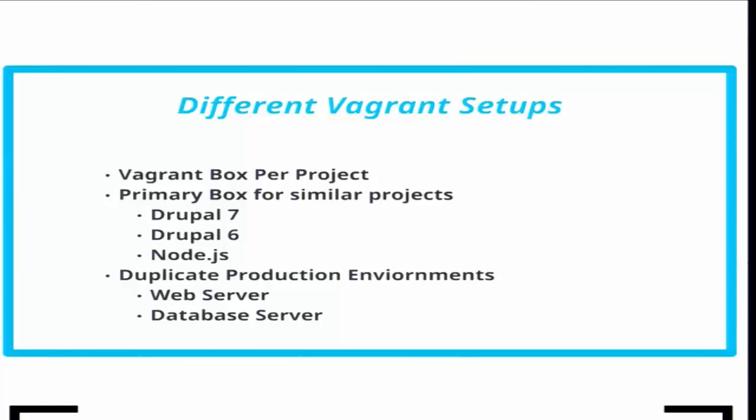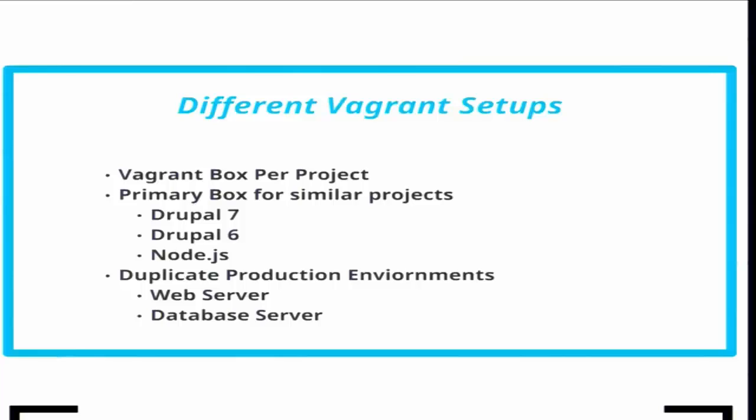In Drupal, which I'll show you in a little bit, I have an instance that has the actual Drupal project shared to the /var/www directory. That makes it really easy to edit your files locally on your machine, and then go into your box, and you have all of your files running under Apache, so you can edit your files locally but have Vagrant serve your files.